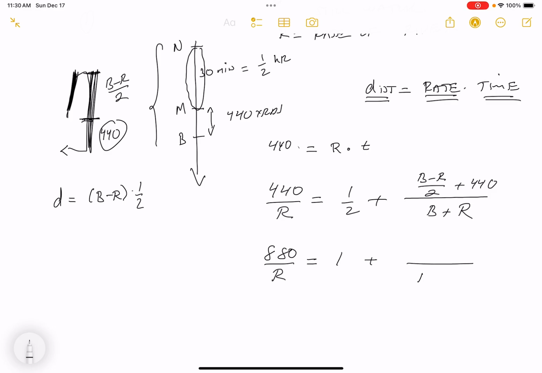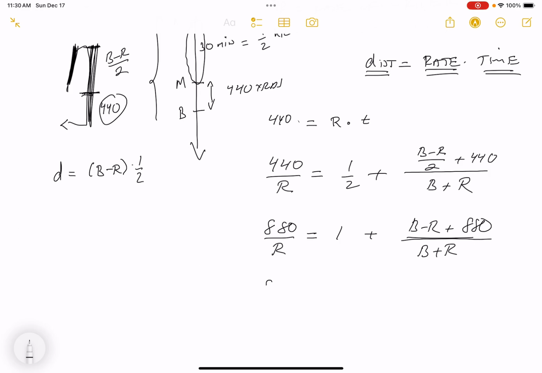And over here you get B plus R over B minus R, and again, I'm multiplying by 2, so both of those terms on top are going to be multiplied by 2, and that's 880. All right, I got to simplify this.